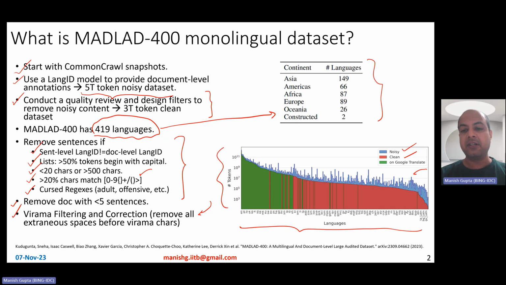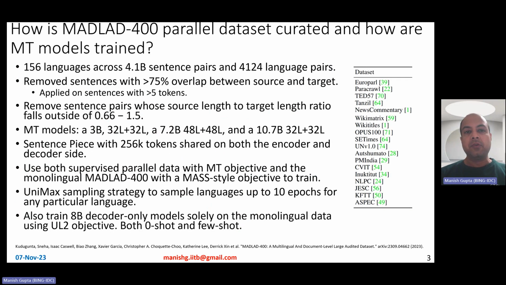Notice that this scale is logarithmic. So although it may look like they hardly did any cleanup, a large part of this has been cleaned up. The green color shows languages supported on Google Translate, but there are other tail languages also that they have cared for, in this overall set of 419 languages. So that's the monolingual data.